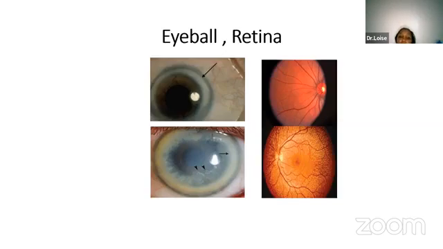Then there's the bottom left picture, which looks to me like a corneal ulcer. It would be very nice to talk about corneal ulcers, Dr. Aswani, because corneal ulcers can have systemic manifestations.